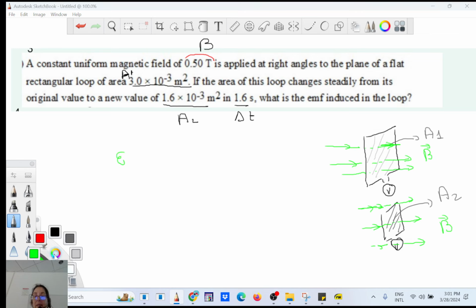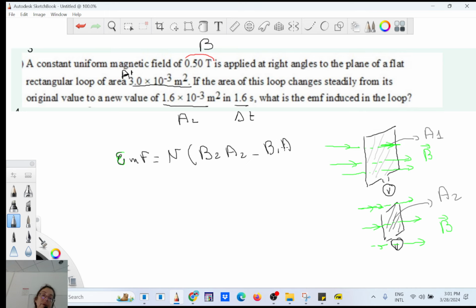So the EMF equals number of loops, so B after A after minus B before A before over the time elapsed. So in that case, the B stays the same, okay? So EMF equals number of loops, B stays the same, the area is changing.